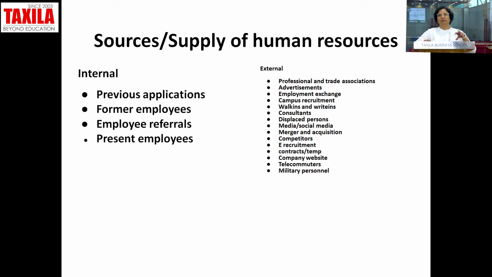Present employees means I start sharing with the people that I need more staff. I start sharing with the people that I need a particular kind of person for this particular job, and they start bringing their references. They start bringing their people to the organization for interview, right? So these present employees can also bring the applicants to us.